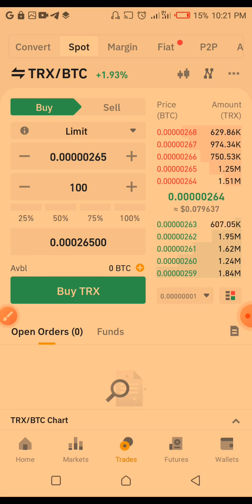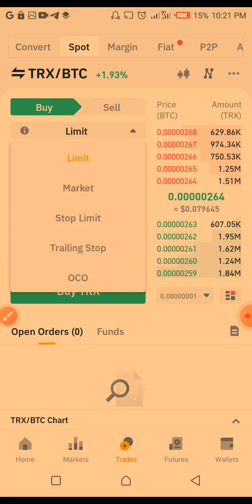You don't want it to be pending, you just want to buy it immediately to use it for something, or to use it to trade somewhere else. Then you click on that place, then you select market. Market is going to execute that trade immediately at a market rate.